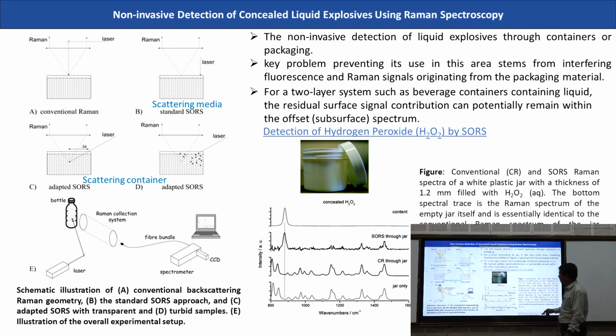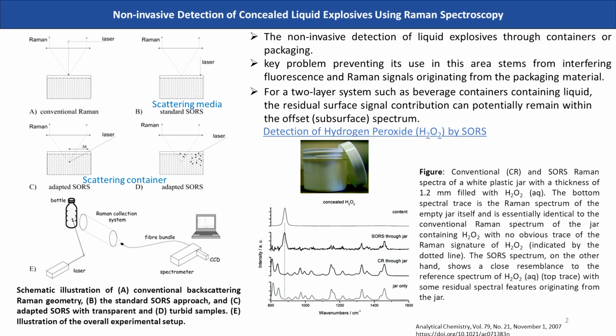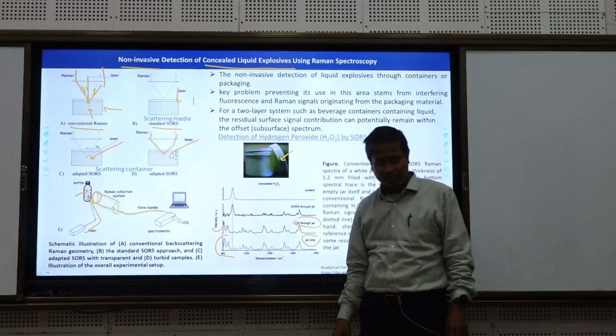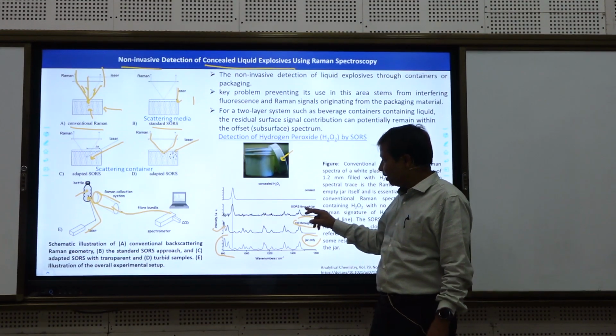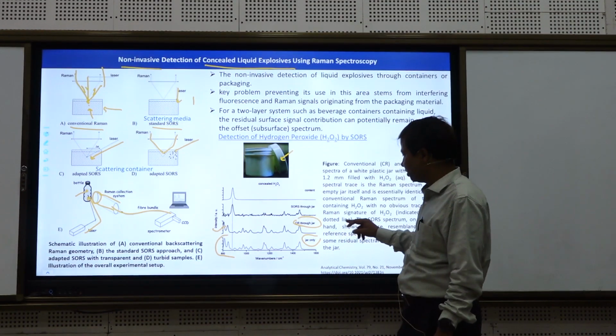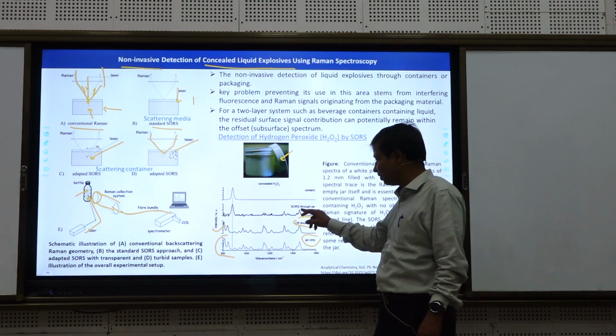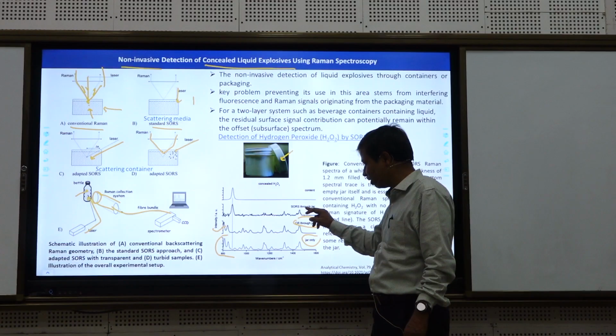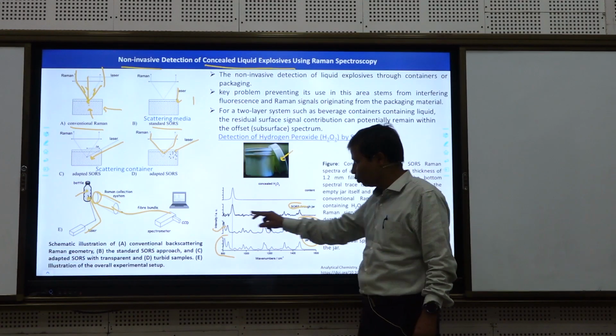Here what they found is that this is the jar spectrum only, and this is the conventional Raman through the jar. Conventional Raman means this way. This is the normal technique. If you do this, you get this spectrum, and if you record the surface offset Raman spectrum, then you get this one.